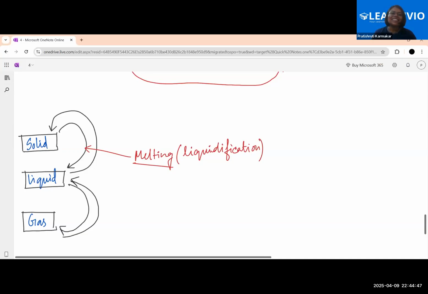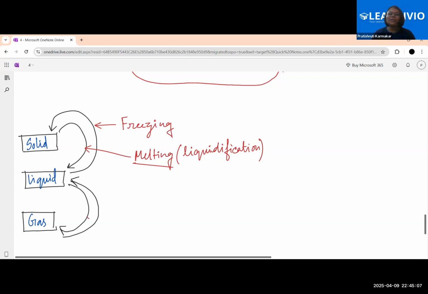Then here we have liquid to solid. Liquid to solid is freezing, or solidification, but let's go with freezing. Freezing is the word.